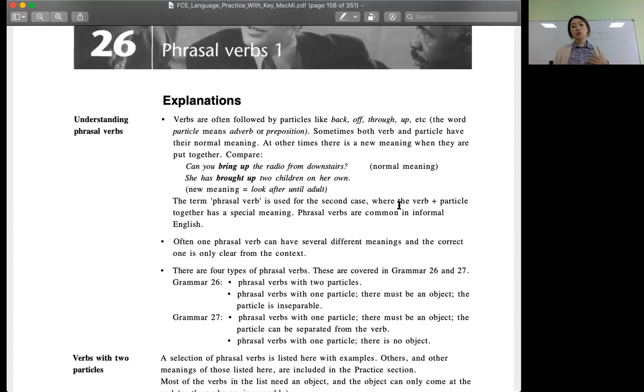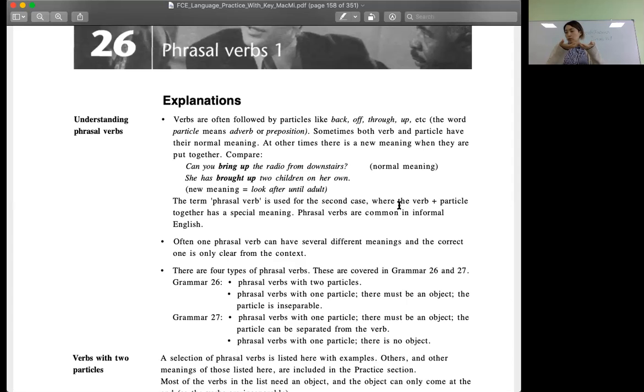Other times it has a new meaning. So what they're trying to say is that sometimes we have a verb and then we have some preposition going together, all right? But the verb has its own meaning and the preposition has its own meaning and they just go together, like come back or go down. So going down basically means to go downstairs, maybe.